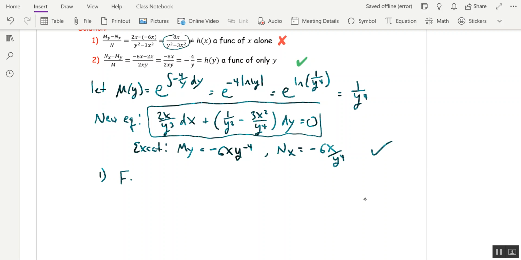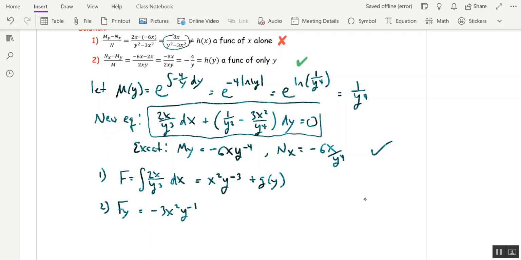So big F is the integral of 2x over y cubed dx, which is x squared y to the negative 3 plus g of y. So step 2, take the partial with respect to y. We get negative 3x squared y to the negative 4 plus g sub y. Set that equal to n.